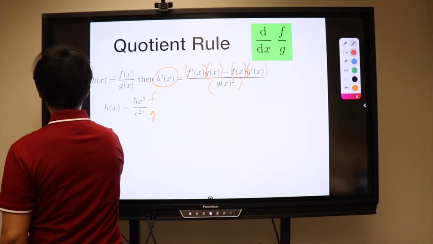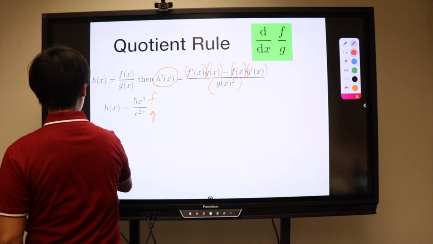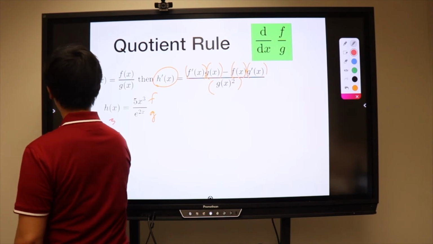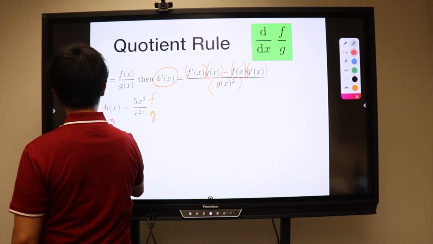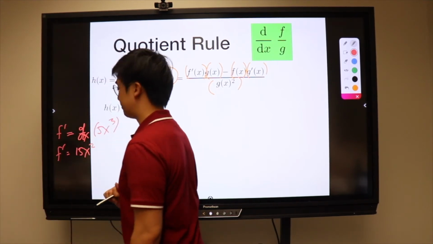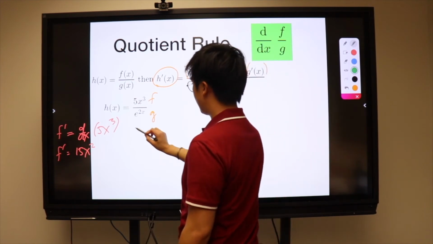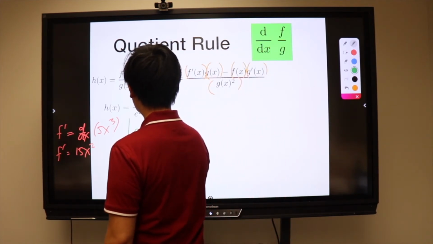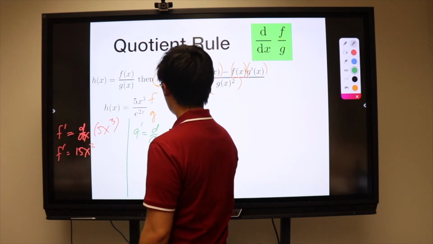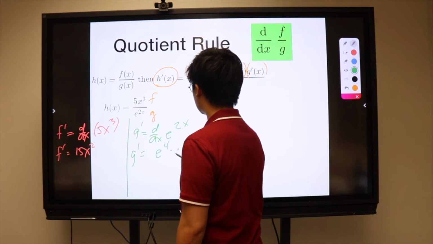Starting with my f prime, which is d/dx of 5x cubed. F prime is going to be 15x squared. And then my g prime. My g prime is the d/dx of e to the 2x. And we know that the derivative of e to the u is e to the u times du.